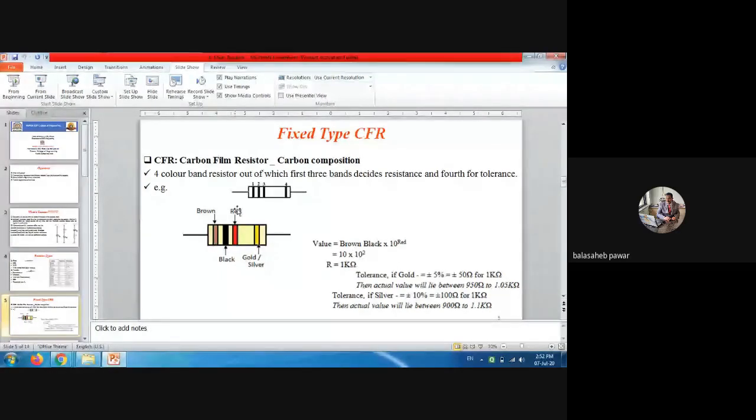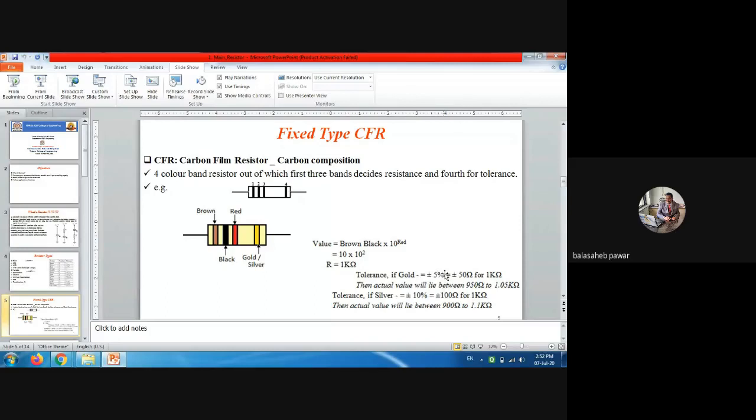But if you measure it physically using a DMM, it might not be equal to 1K. Not equal to 1K means, how much will it be? For that purpose this tolerance band is given. If the fourth band is gold, then the tolerance mentioned in the previous table is plus minus 5%. Remember, this is in percentage.